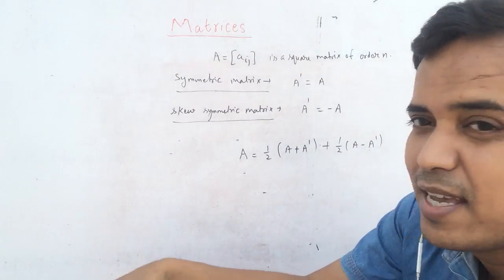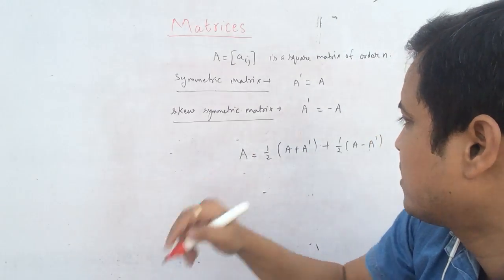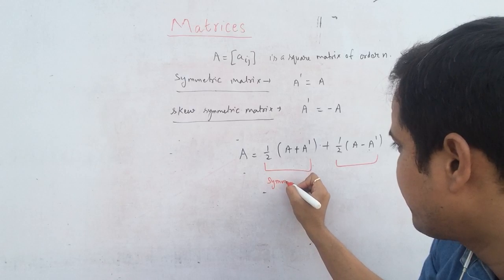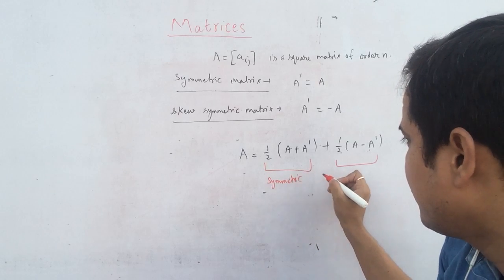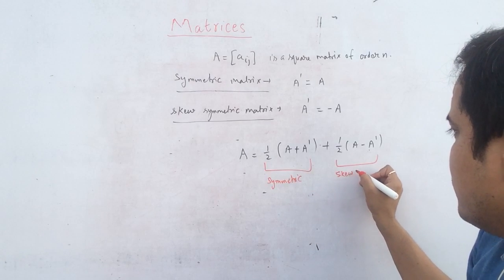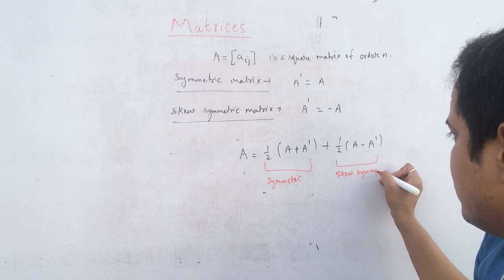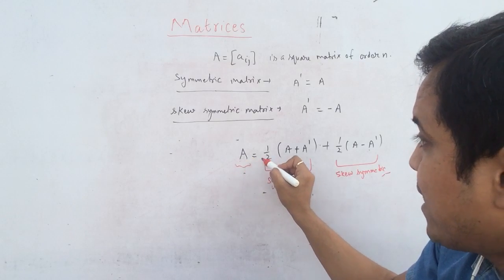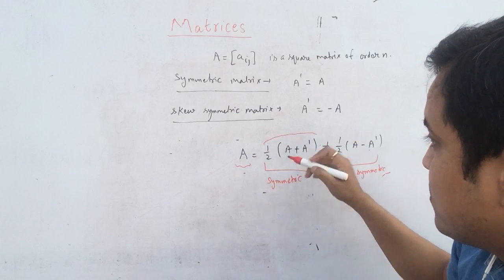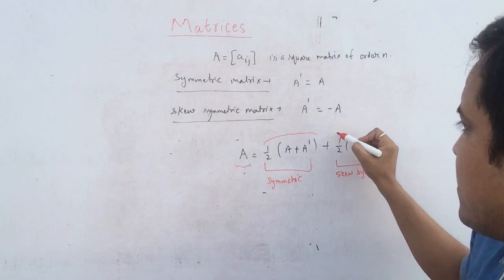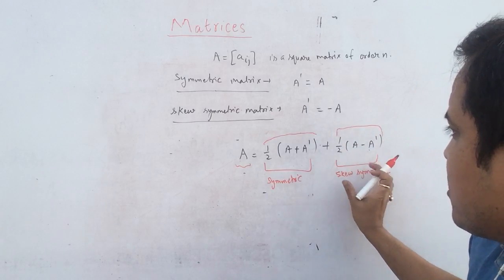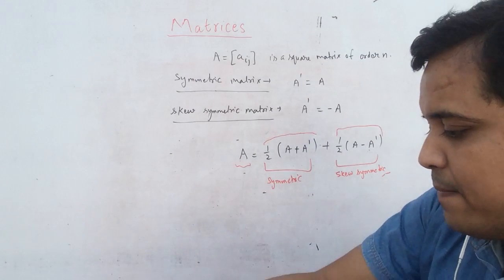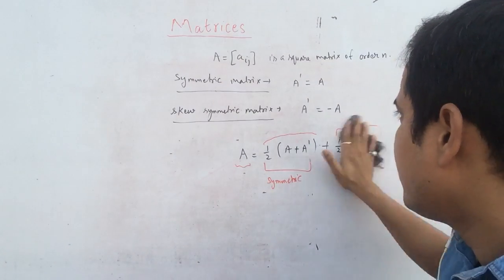So any matrix can be written as the sum of a symmetric matrix and a skew symmetric matrix. So here this one is symmetric, and this one is skew symmetric. Okay, you have to check it, learn it. So this matrix A can be written as the sum of a symmetric matrix and a skew symmetric matrix. This is skew symmetric matrix, this is symmetric matrix. Okay, learn it. Now we'll use the property in the questions.